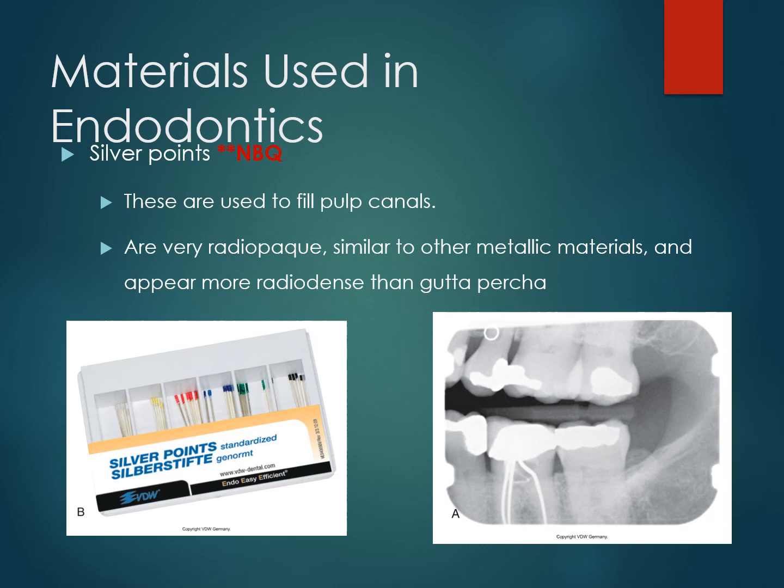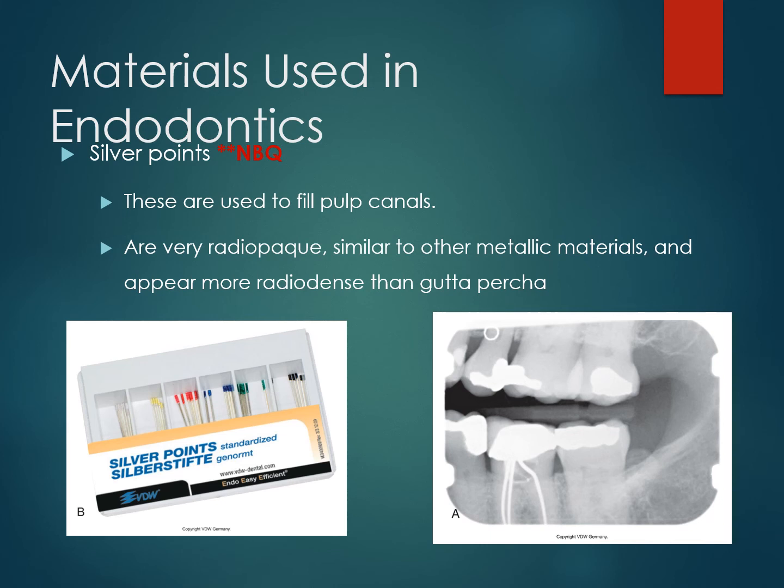Silver points look just like gutta percha. They're these little rods of silver, and they're placed down in the pulp canal. They're more radiopaque. They look just like the amalgam or the metal, because obviously they're metal, and they appear more radiodense than gutta percha. Radiodense meaning they're more radiopaque, right? They're brighter white than gutta percha.